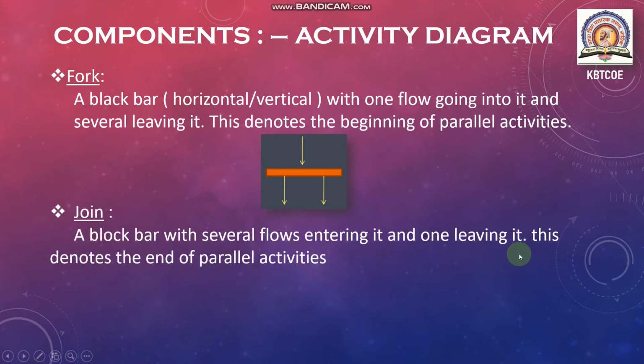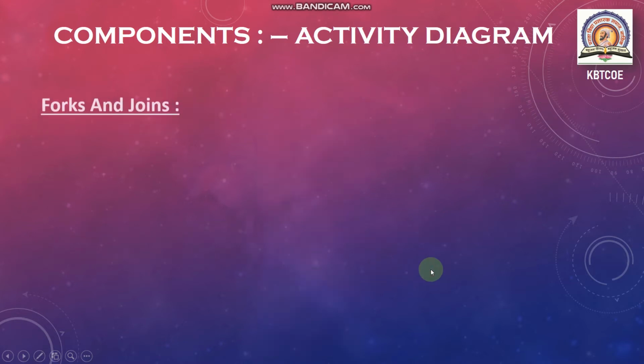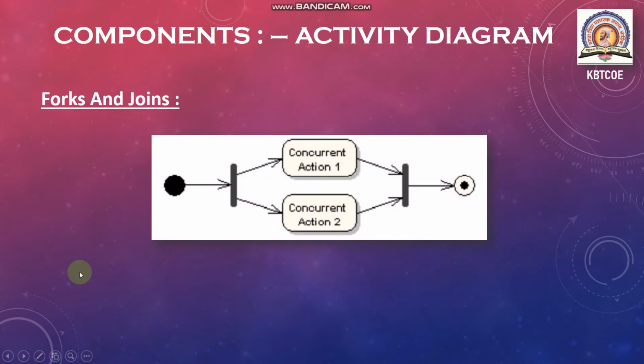Join. A black bar with several flows entering it and one leaving it. This denotes the end of the parallel activities. Joining is used with forking when we need to join several activities and give a single output. Forks and joins. Now let's see how forks and joins work.